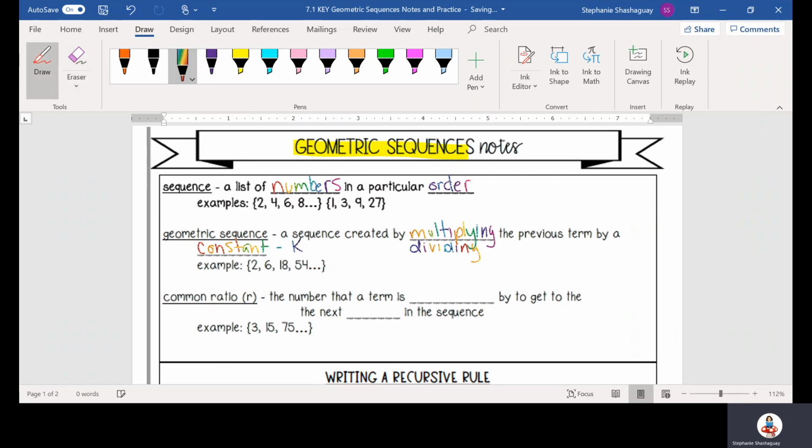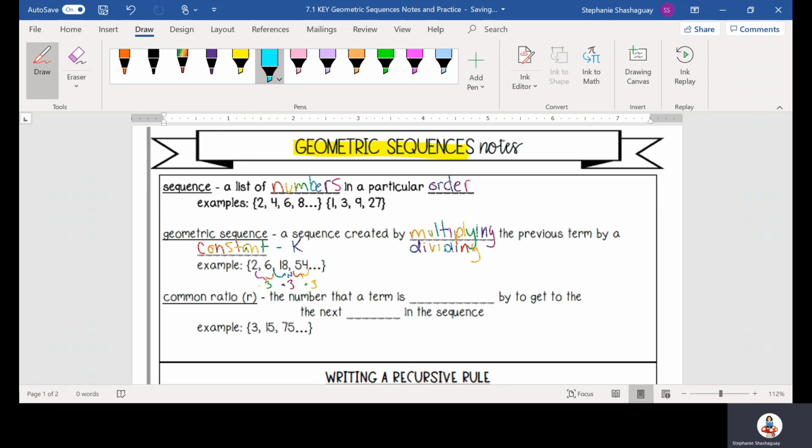We're going to call that constant K. So for example, we have 2, 6, 18, 54. Well, to go from 2 to 6, I multiplied by 3. To go from 6 to 18, I multiplied by 3. From 18 to 54, I multiplied by 3.